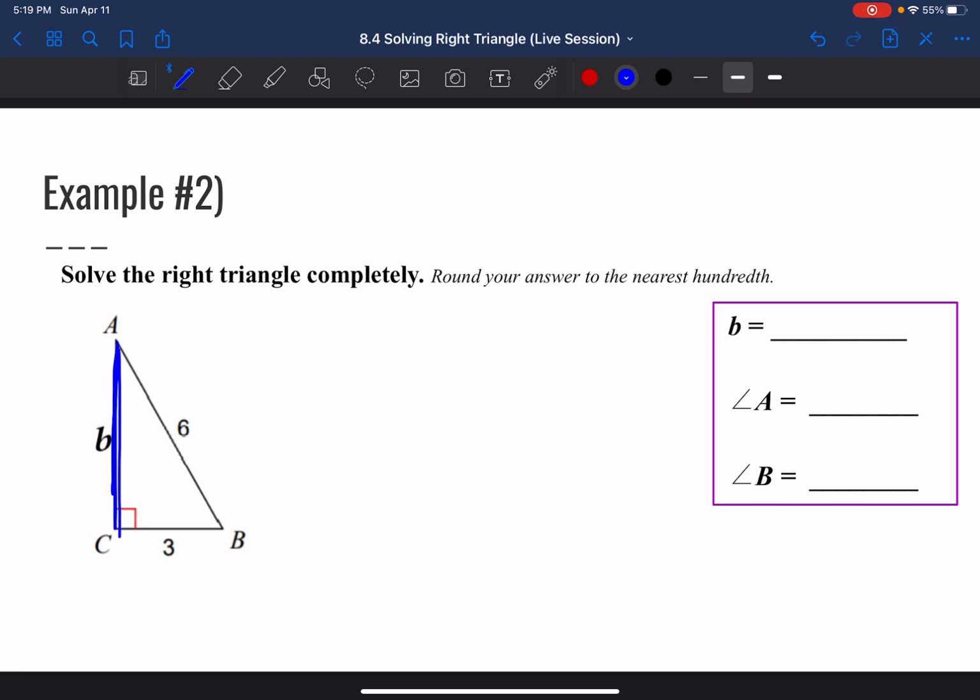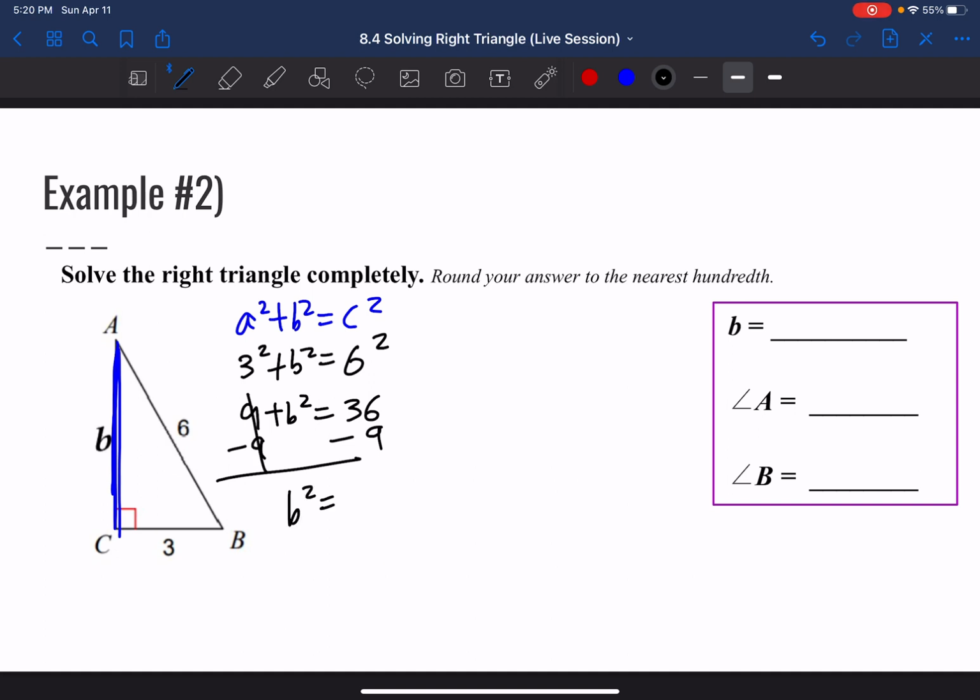I'll use Pythagorean in this case. Why? Because I already know two sides. Since I know the two sides, I can use a squared plus b squared equals c squared. A can be anything, 3 or b. I'll just put 3. B, we don't know. C always has to be the hypotenuse, so we know which is 6. So that's 9 plus b squared equals 36. You subtract 9.